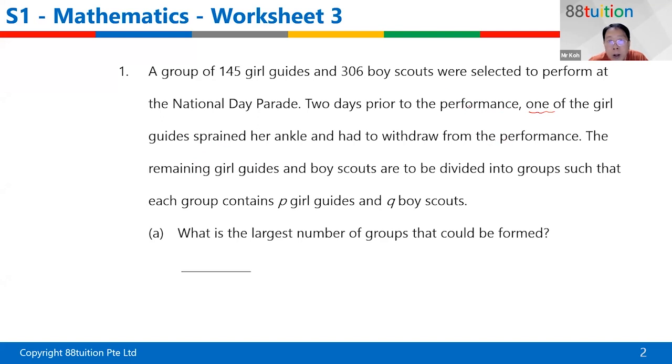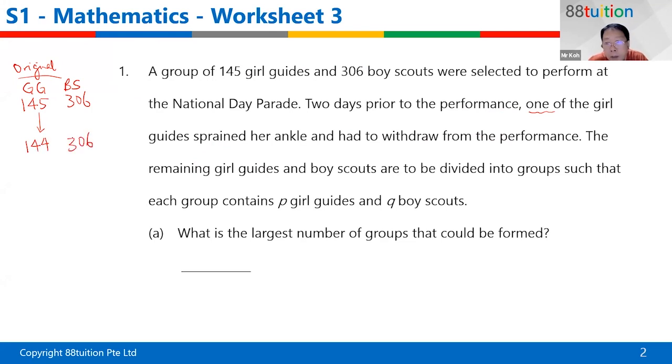So let me state this here. Originally you have GG, Girl Guides, and BS, Boy Scouts: 145 and 306. Now because one of them sprained her ankle, you have 144 and 306.